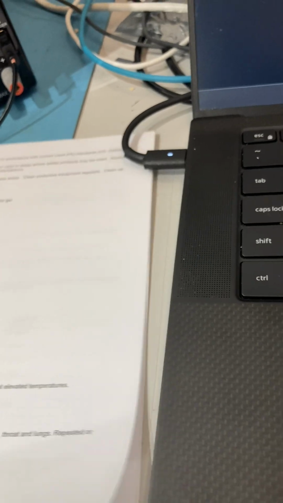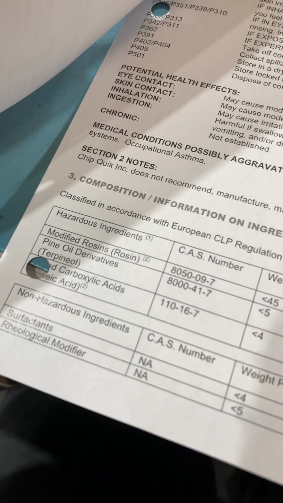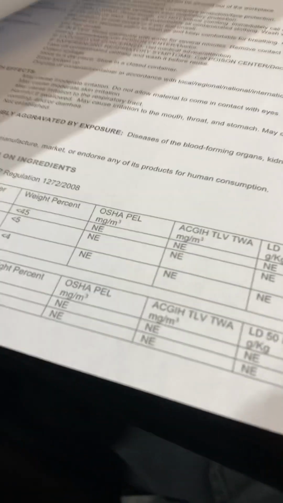It gives a breakdown of the major components, but it may be obscure for some trade secrets, which it's just warning you about. It tells you there, in case it's like pine oil and pine tar and stuff like that.